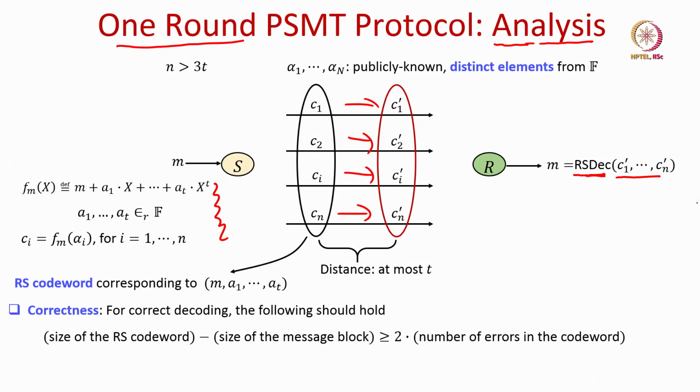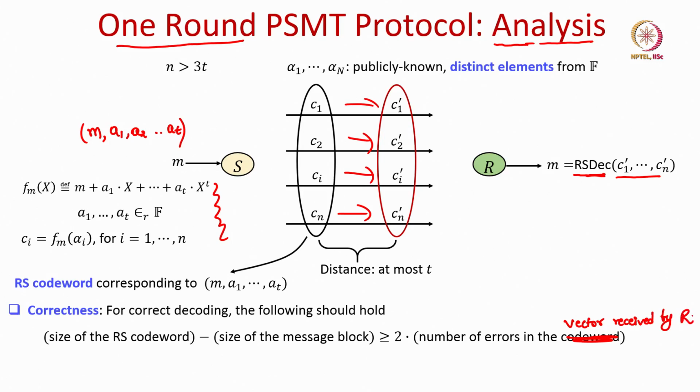The size of the Reed-Solomon code word which the sender has sent minus the size of the message block of the sender, and the message block consists of the elements m, a1, a2 up to a sub t, so it is of size t plus 1, the difference between these two quantities should be greater than or equal to 2 times the number of errors present in the vector received by the receiver.